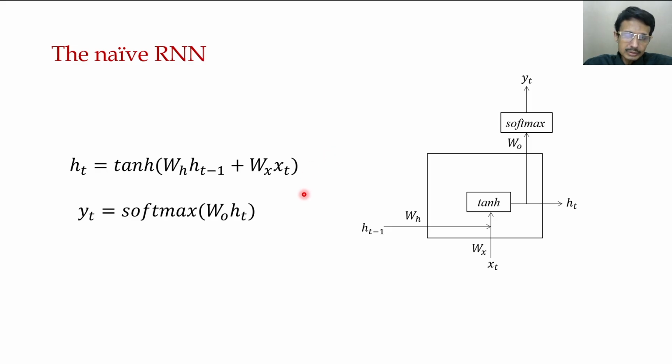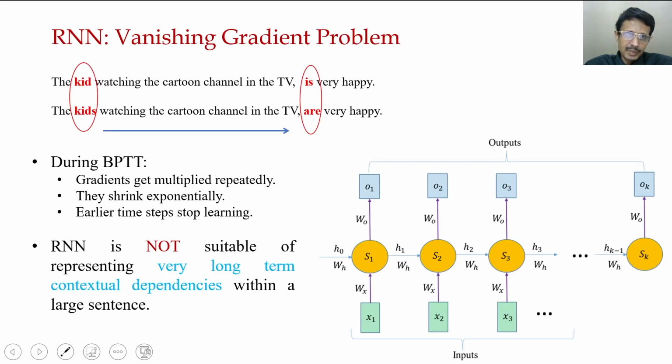So what is important now is, given this very simple structure, what is the problem of vanishing gradient, and how does this vanishing gradient problem cause the long-range dependency issue? Let's try to see. Here we take a very hypothetical example sentence: the kid watching the cartoon channel in the TV is very happy, and the kids watching cartoon TV are very happy.